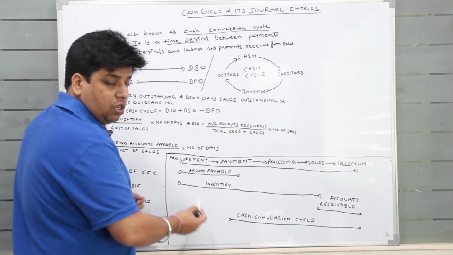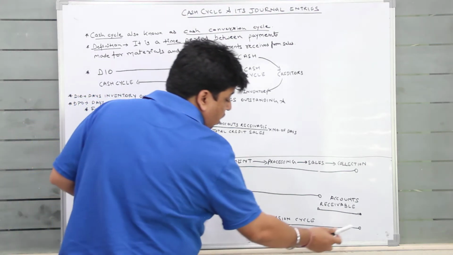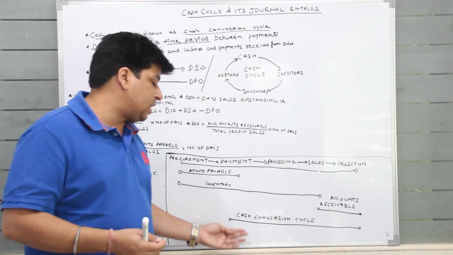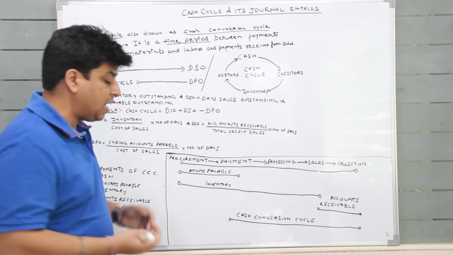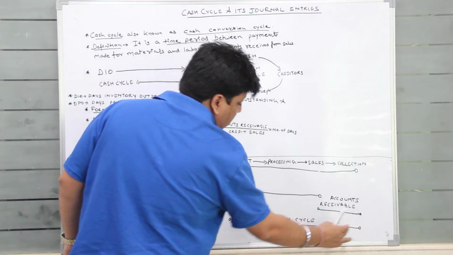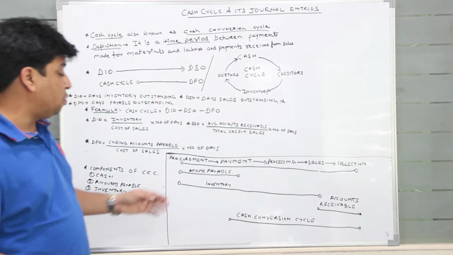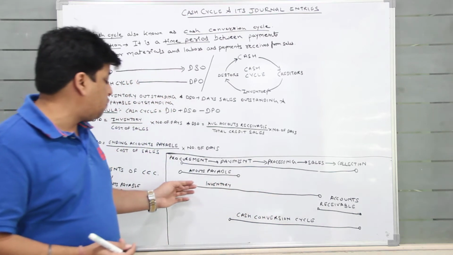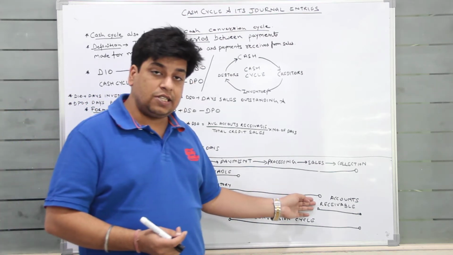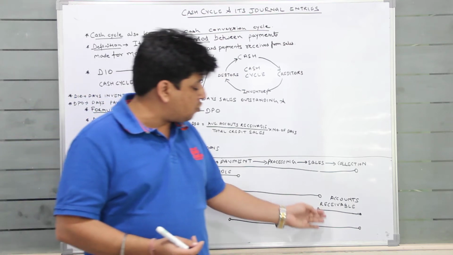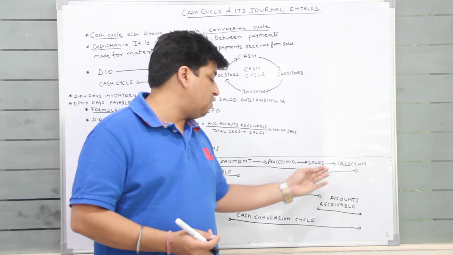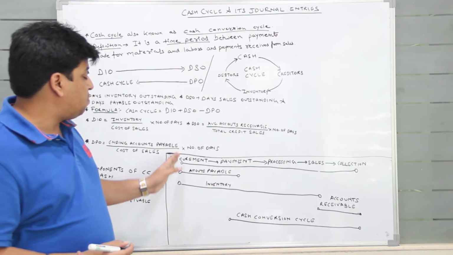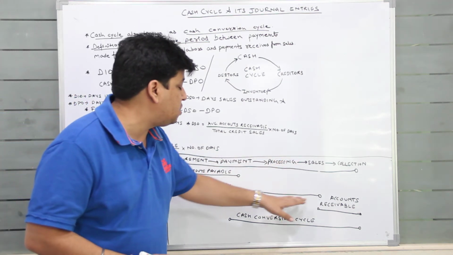Now to calculate this particular stage, this entire stage will be known as a cash conversion cycle or cash cycle. So to calculate this entire stage, what we can do, we can add inventory, which covers from procurement till sales. We can add accounts receivable, which covers from sales to collection. That means we have covered everything from procurement to collection by adding these two.